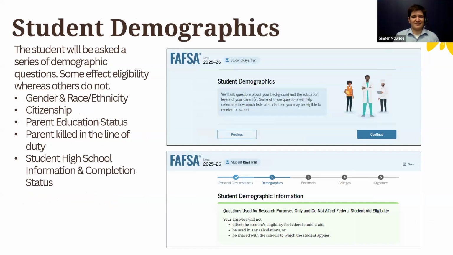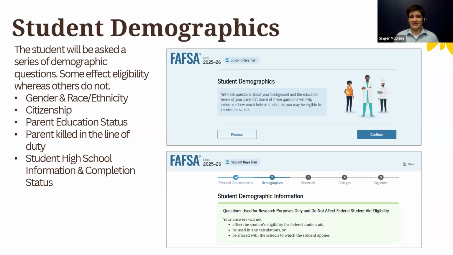Regardless of whether a student is considered dependent, provisionally independent, or independent, they're all going to be asked demographic questions that do not affect their aid eligibility. This is specific to things like compiling aggregate data when they look at who is filing the FAFSA. So it's going to ask about things like gender and race and ethnicity, citizenship, parent education status.